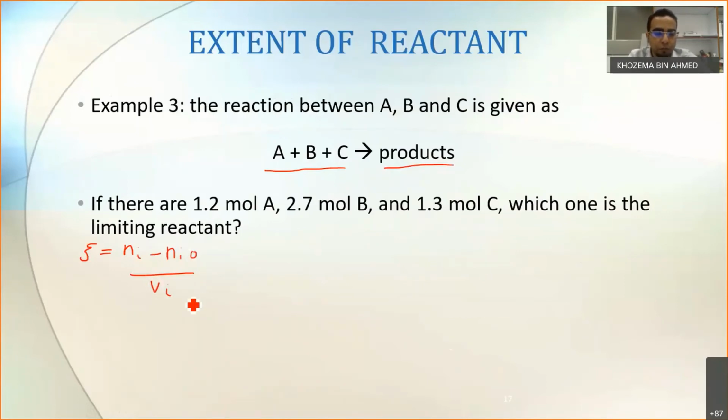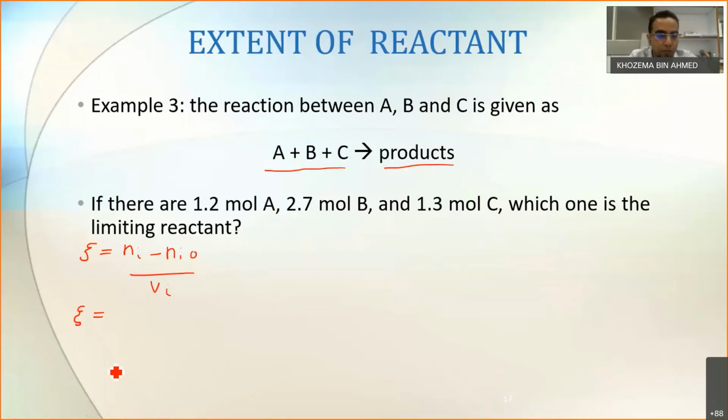For stoichiometric ratio, if you are dealing with the reactant side, it's going to be a negative value. If you are dealing with the product side, it's going to be a positive value. Let us say we want to find the extent of reaction of A. We are talking about the maximum value of A we can use, meaning that initially we had 1.2 mole, and maximum here means that all of A is used.